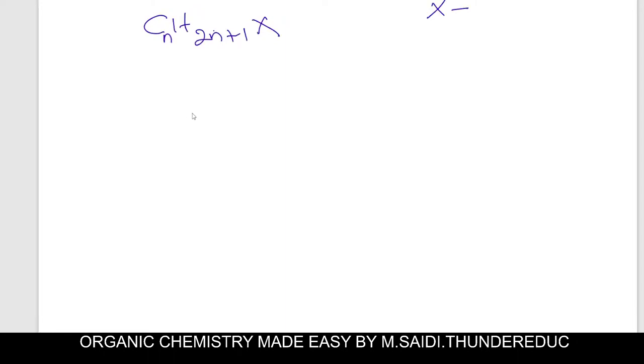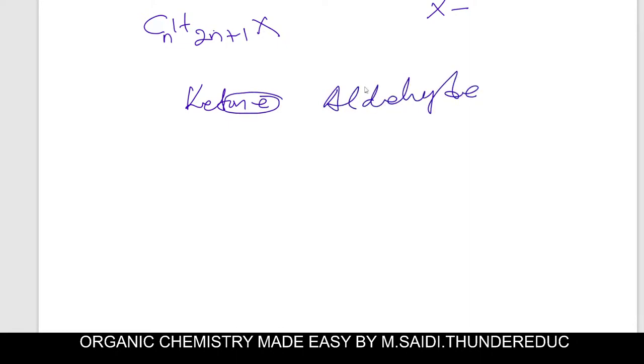Then when you go to ketones and aldehydes, for the word ketone, you take the last; for aldehyde, you take the first. So the suffix for this is going to be, yes, it must end with this one and it must end with this.